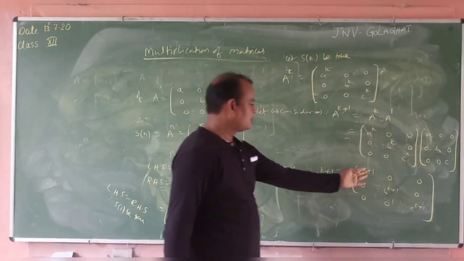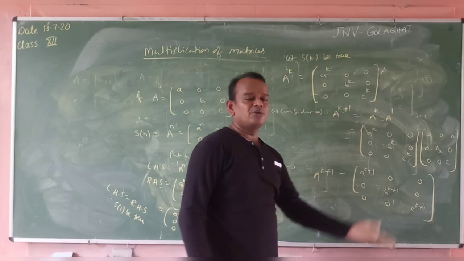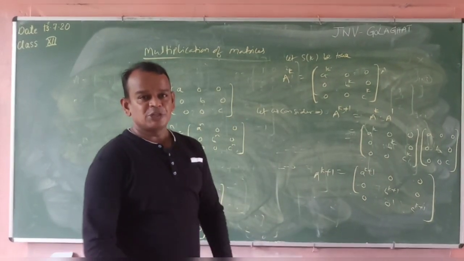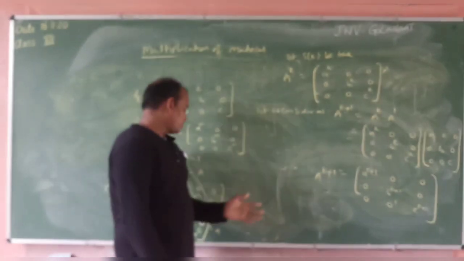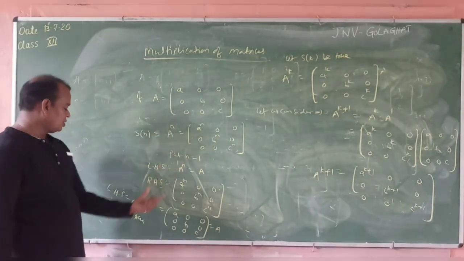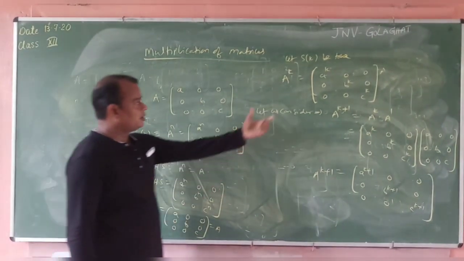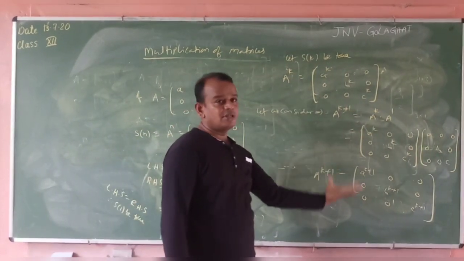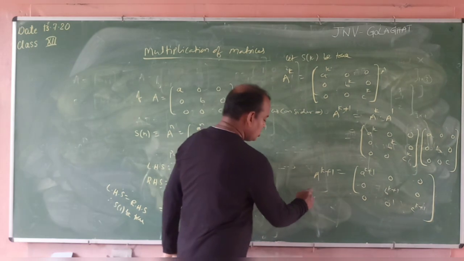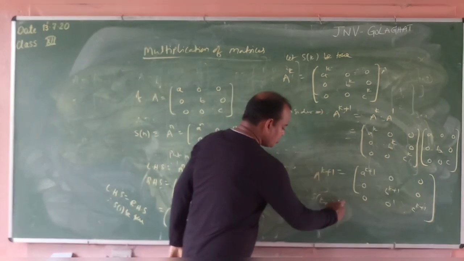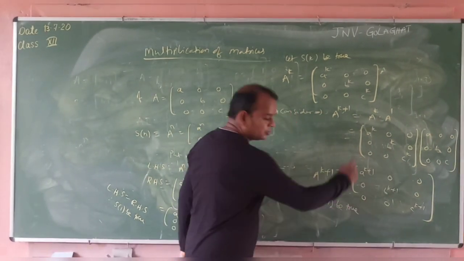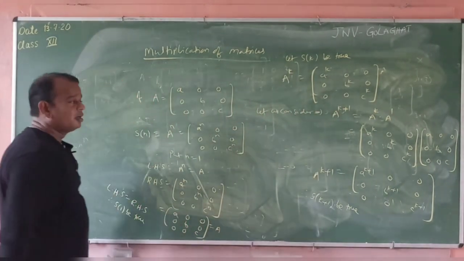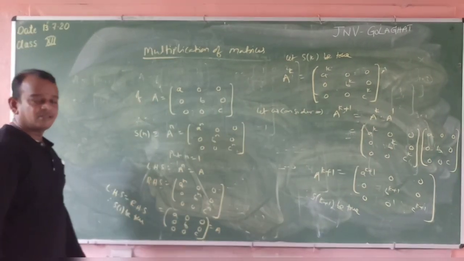How to get this? By using the principle of mathematical induction: first put n equal to 1, true; n equal to k, let S of k be true; after that we do it in this way. Therefore, S of k plus 1 is true. In this way we will do the exercise.